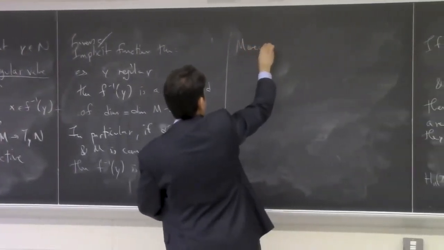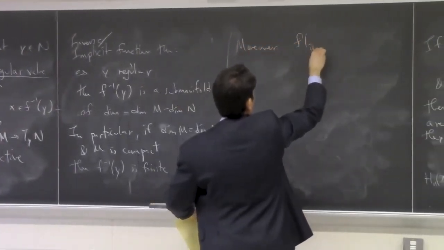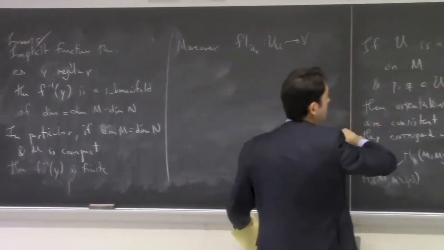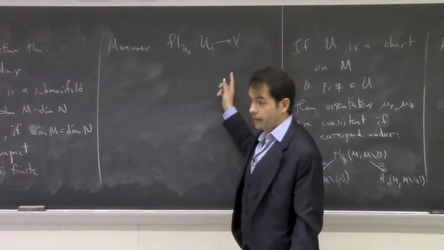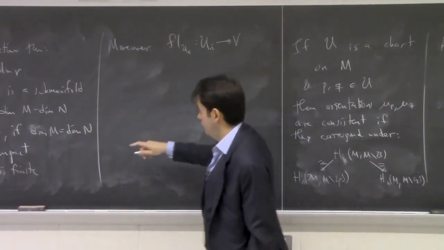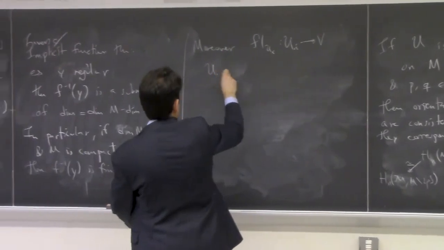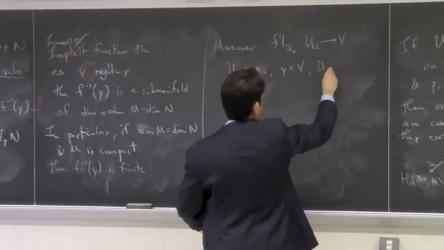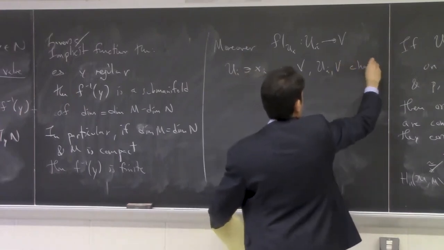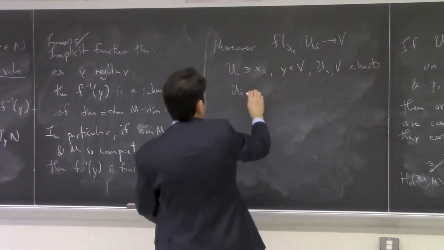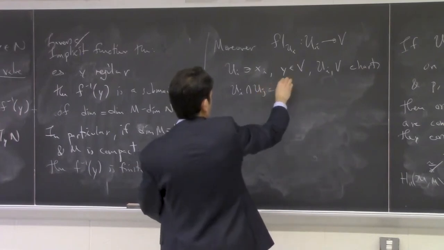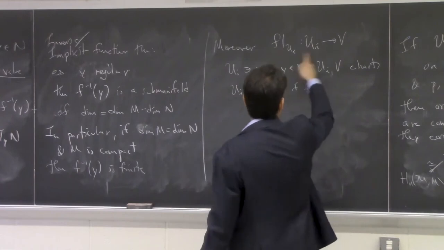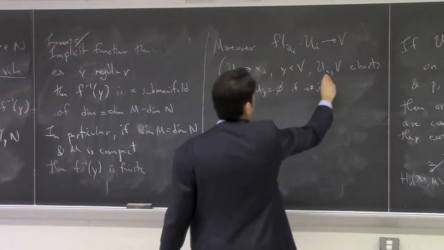Moreover, f restricted to Ui, from Ui to V, where I'm using the same notation we had over here, so Ui contains xi, y is contained in V, and Ui and V are charts with Ui intersect Uj empty if i is different from j. Moreover, this is a diffeomorphism.